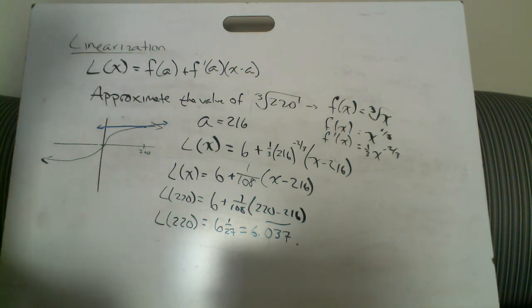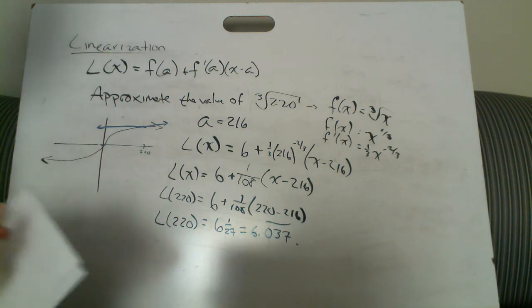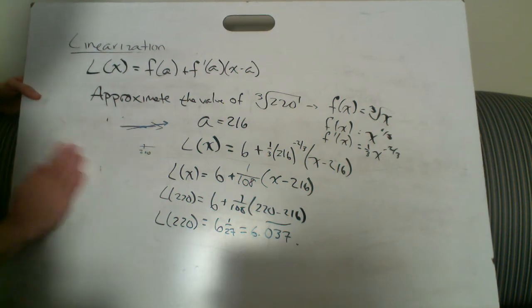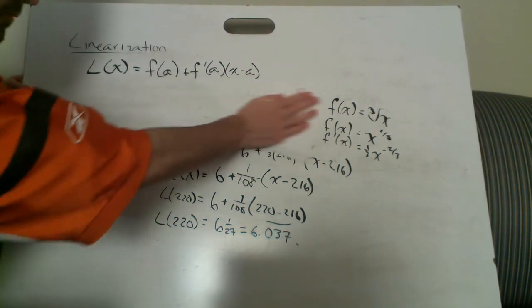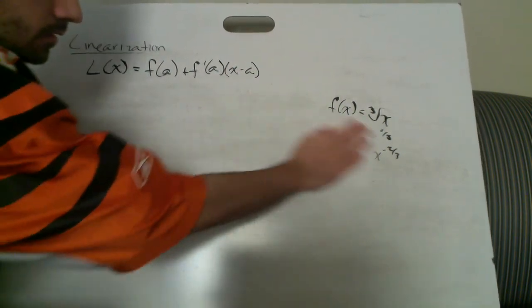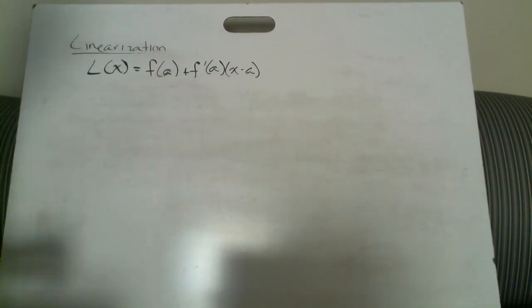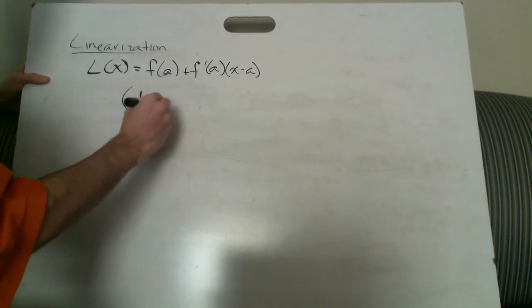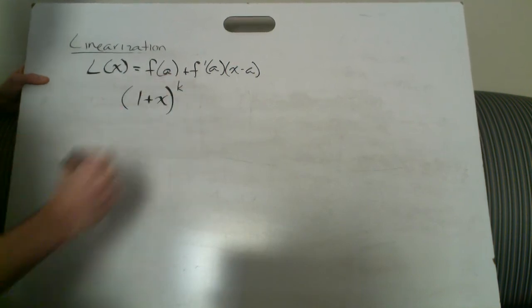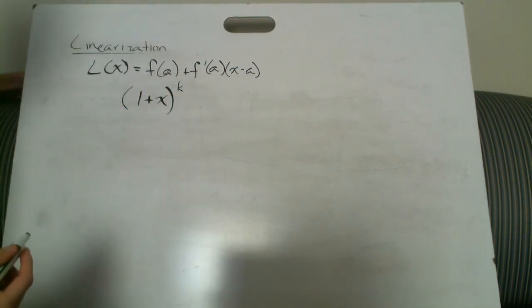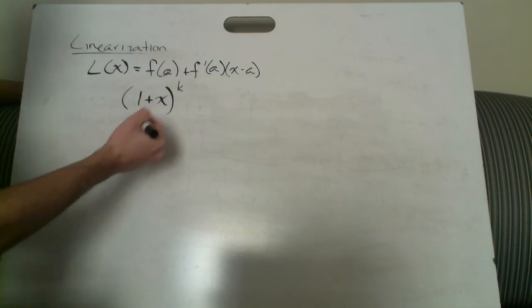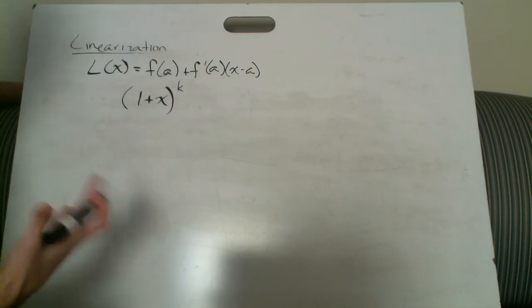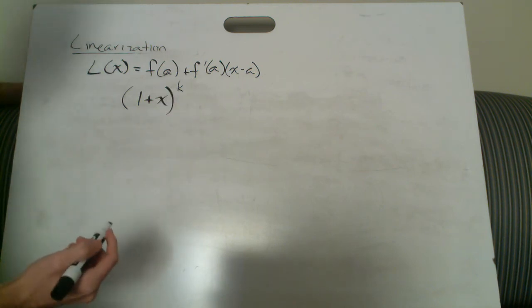Okay. There is one last thing that I want to talk about today. And that's going to be functions of the form 1 plus x to the power of k. Now this is a binomial being raised to some power, so we might call it a binomial expansion.